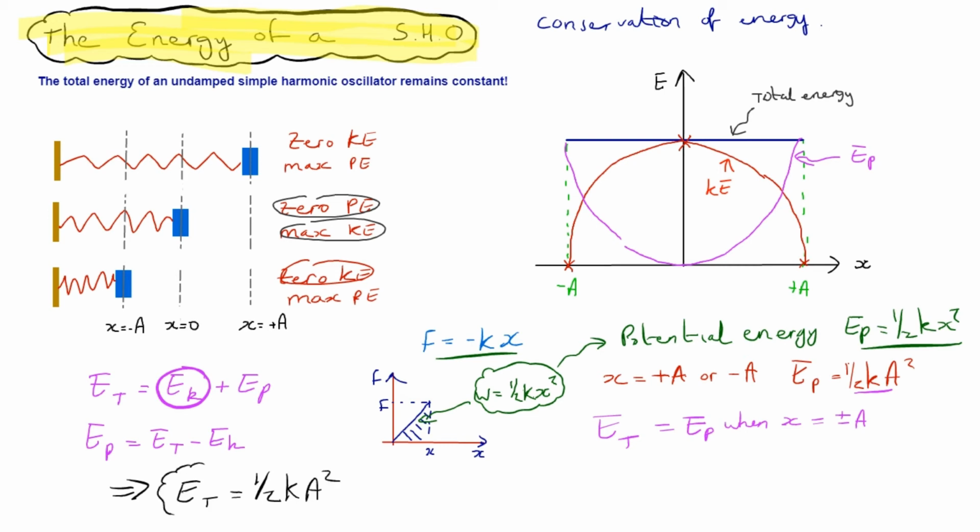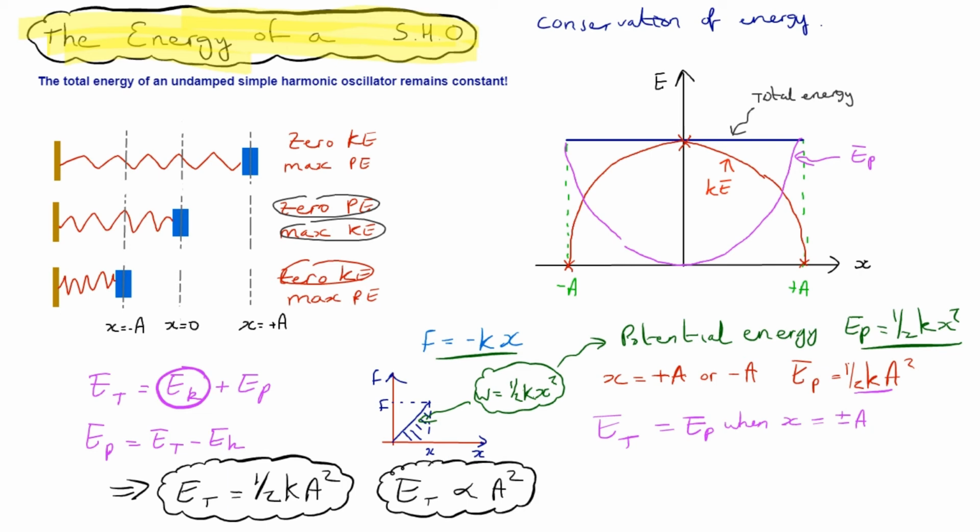Now that's a pretty massive and useful physics principle: the total energy of an undamped oscillator is proportional to its amplitude squared. And it's true of a damped oscillator for any one moment at any particular given amplitude.